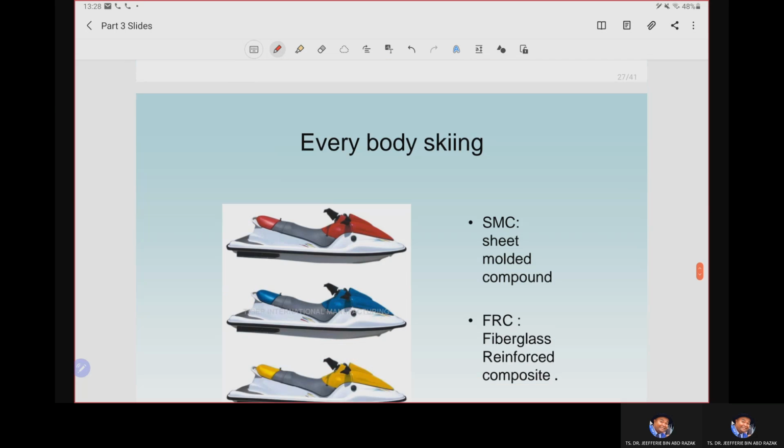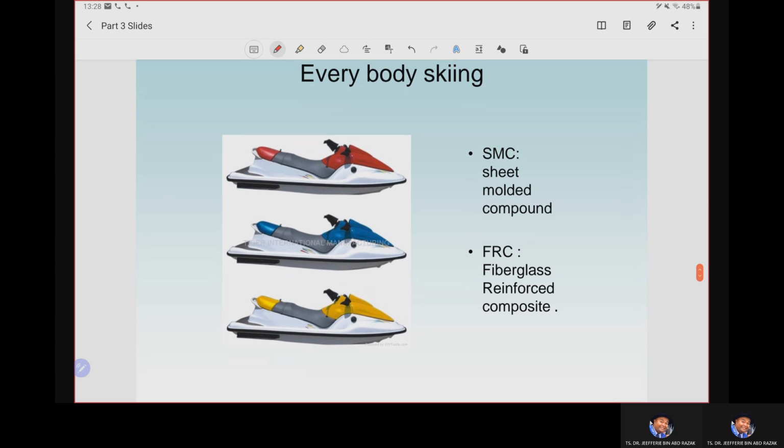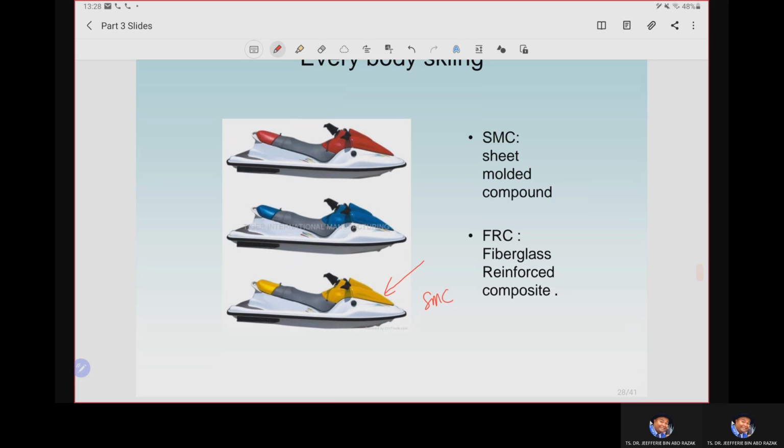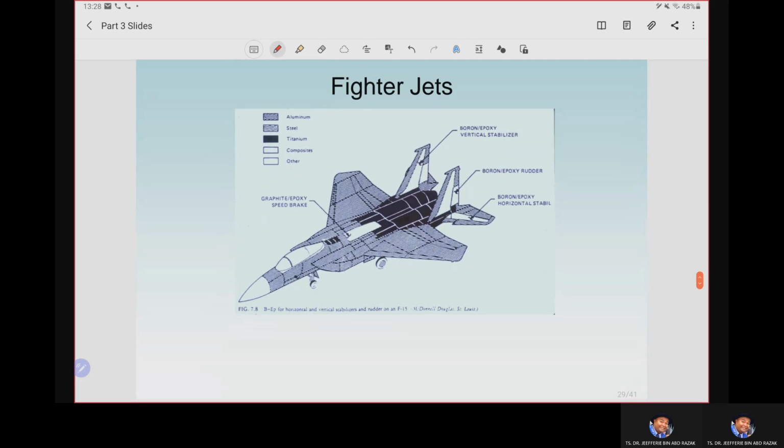The ski body uses fiberglass reinforced composite in the form of sheet molded compound. We can use the composite SMC to produce the ski body here. Next, for the fighter jet, the wing parts, the braking parts and others are all made from composite.